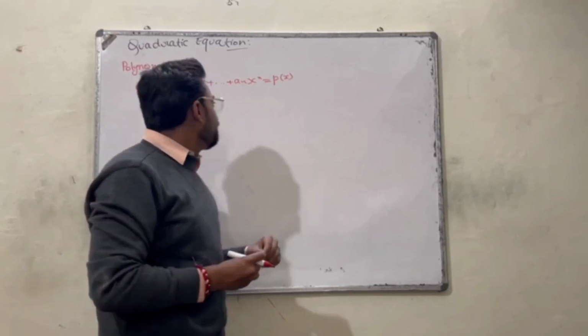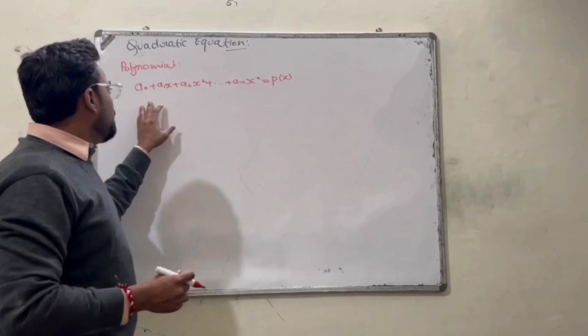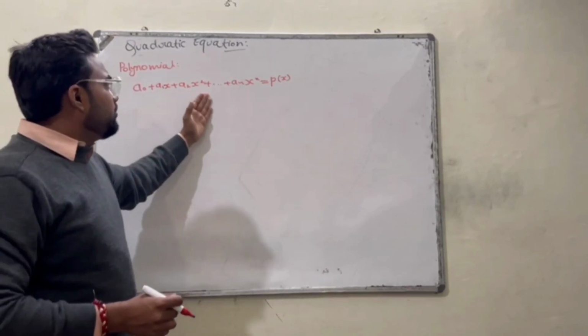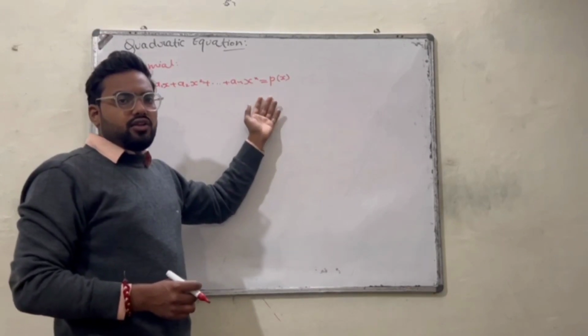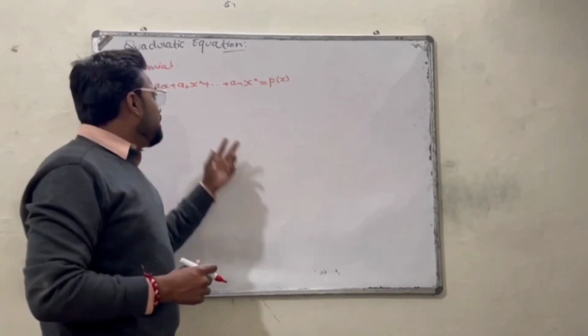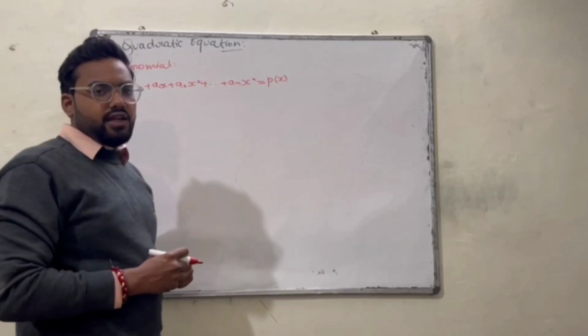I repeat again, an expression in the form of a0 plus a1x plus a2x square plus dot dot dot plus an x to the power n is equal to p(x) is a polynomial of degree n.